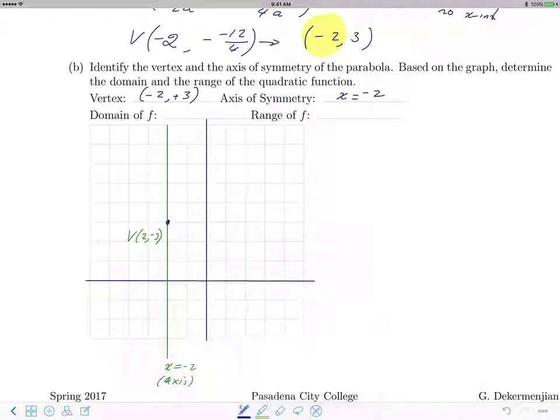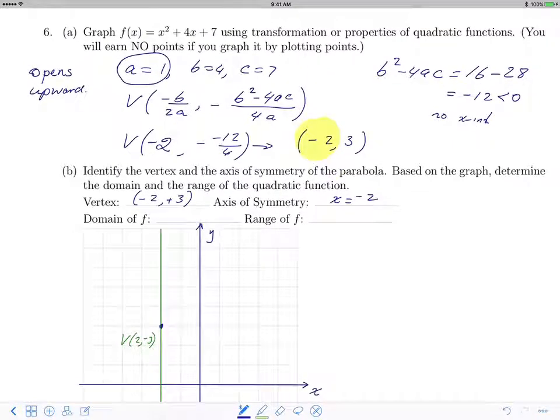And then we can choose the points. So one of the things we can figure out is the y-intercept is a property, and it comes from just plugging in 0 into the function. So that's 0, 7.